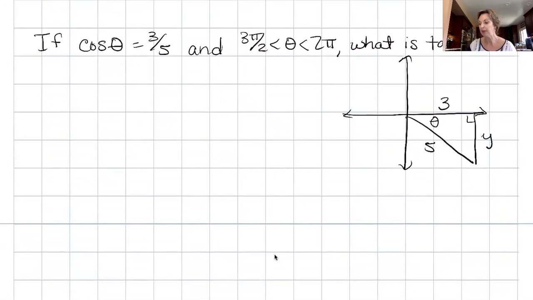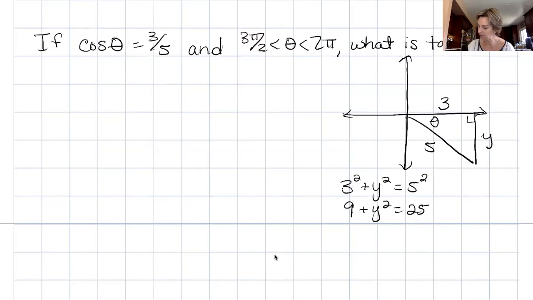Okay, so you may be able to just look at that triangle and know from working with right triangles what that 3rd side is. But if you don't already know, then we can use the Pythagorean theorem to figure it out, right? And that would be 3 squared plus y squared equals 5 squared. So 9 plus y squared equals 25.